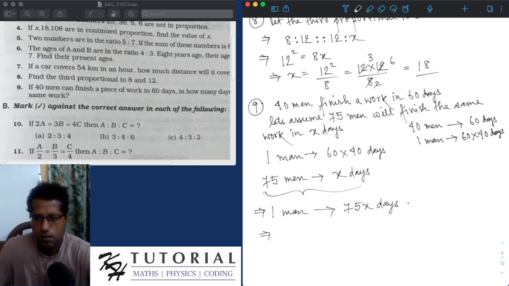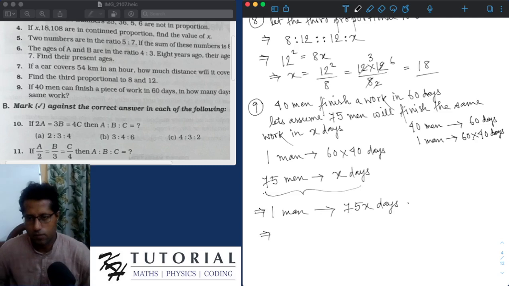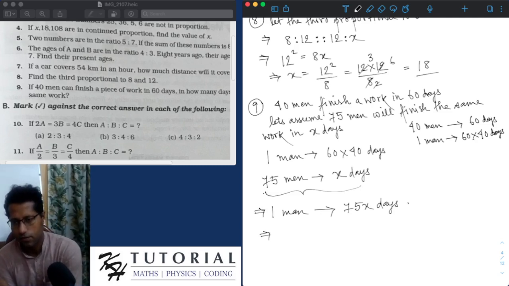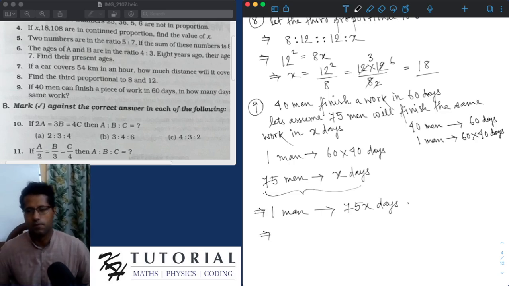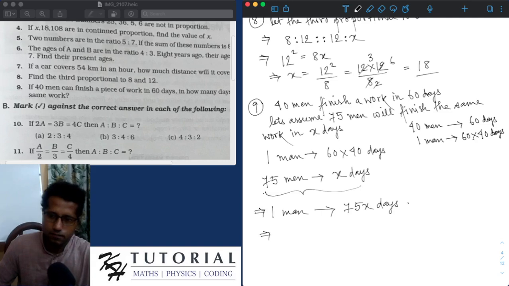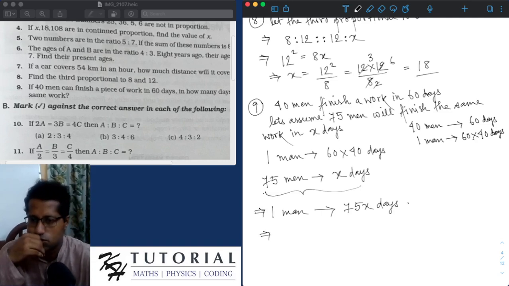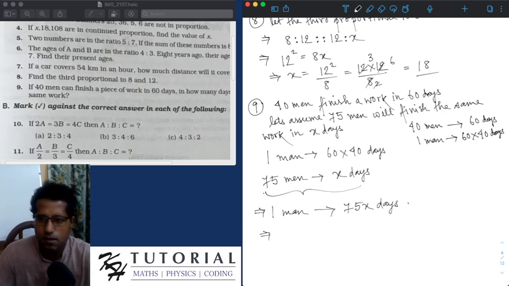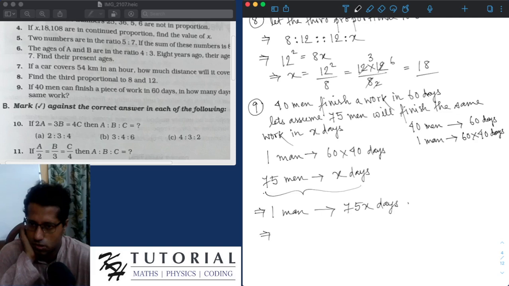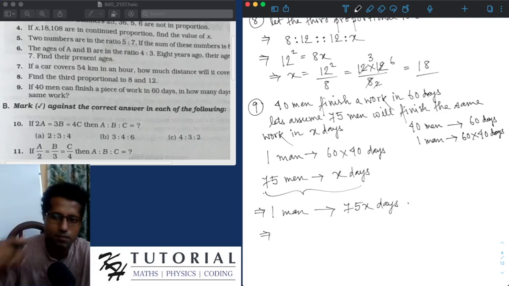Now, from the given fact that 40 men do the work in 60 days, we have found that one man completes the job in 60 into 40 days. So that fact remains the same, and when we have assumed that 75 men will complete the job in X days, from this fact it means that one man will complete the job in 75 into X days.